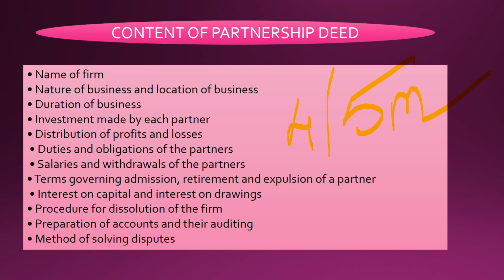Then, who is going to be a partner who gets a salary, or let's say withdraws his profits in the form of salary? Then interest on capital and interest on drawings. What is interest on capital? The partner has invested 1 lakh of capital. Suddenly there's a need where he wants to take back his capital.